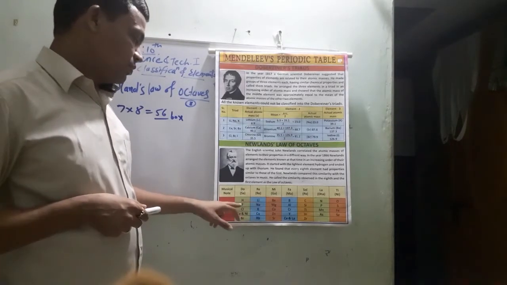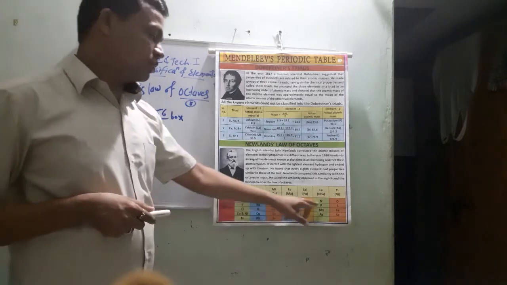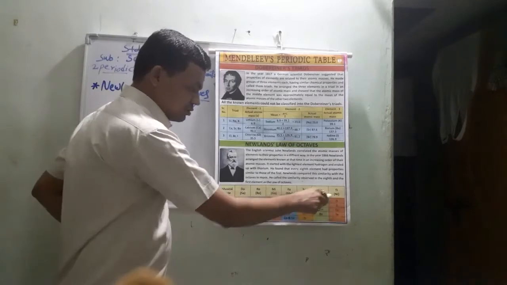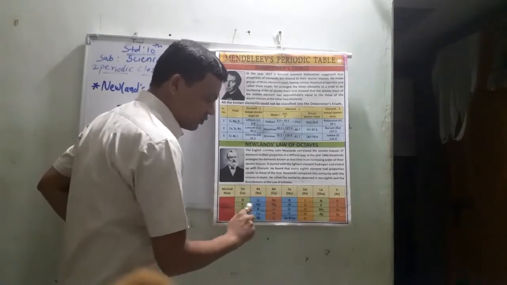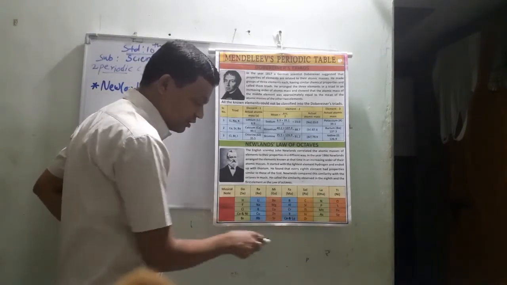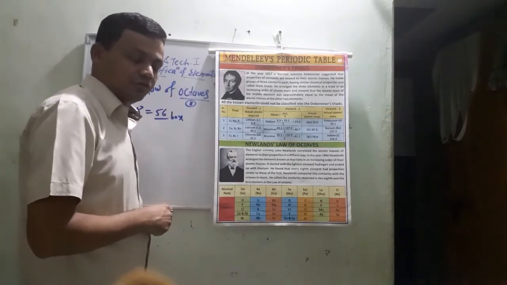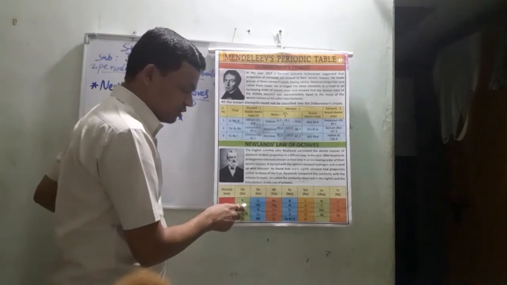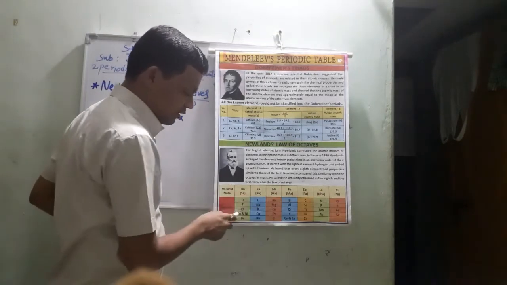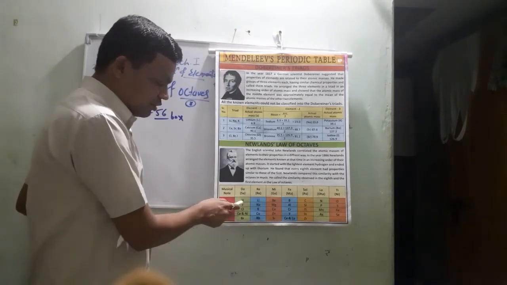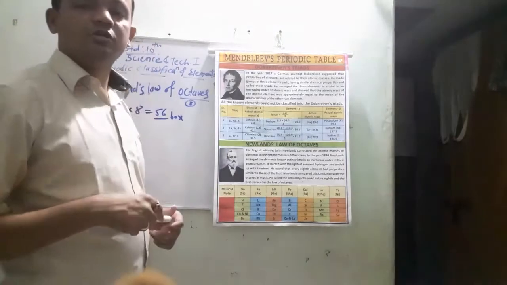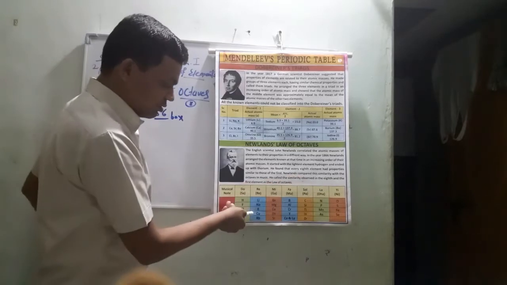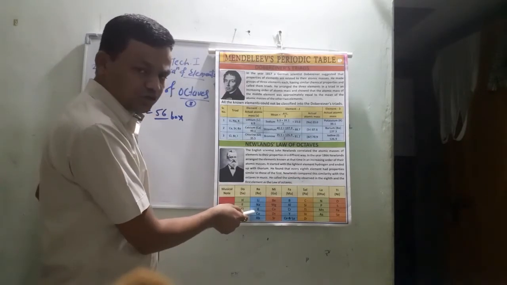Similarly, from fluorine you count the 8th element. See here, in a single row there are 7 elements, and after that the 8th element is given. So after fluorine you have to count 8 elements, that is chlorine. So fluorine and chlorine both have similar properties. Similarly, another example, sodium and potassium.